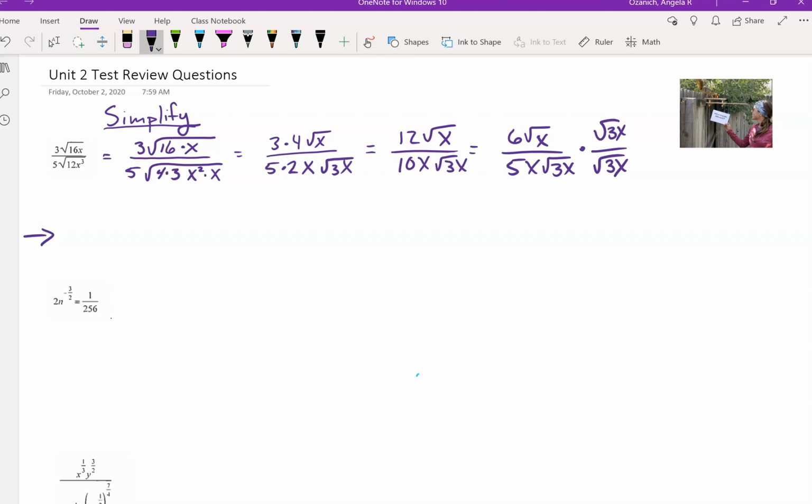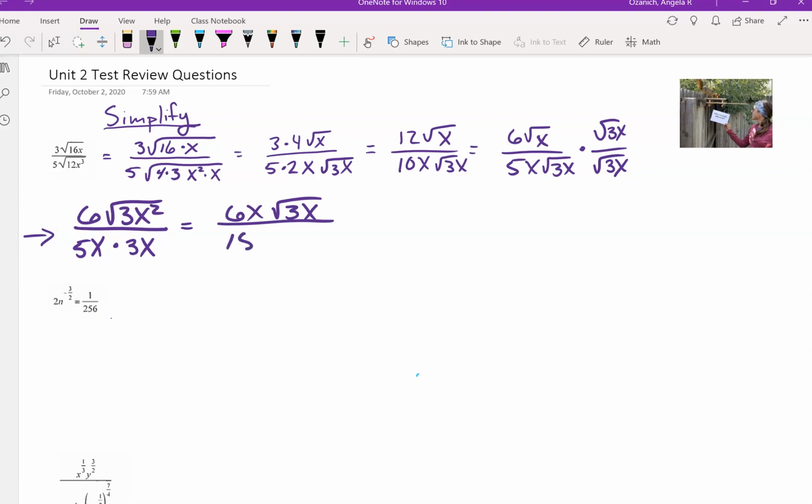So as a result here, I'm going to get 6 and then 3x squared in my numerator. And I'm going to get, it looks like 5x times root 3x times itself there is just going to be 3x. So we got rid of that square root. We have an x squared here, so that's going to come out. We're still going to have a 3x left.